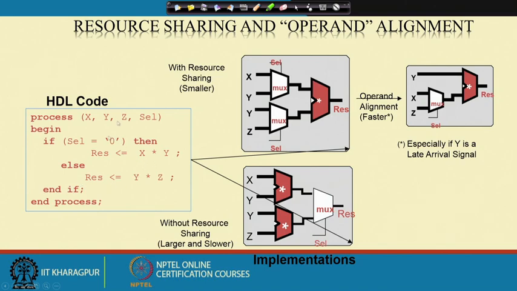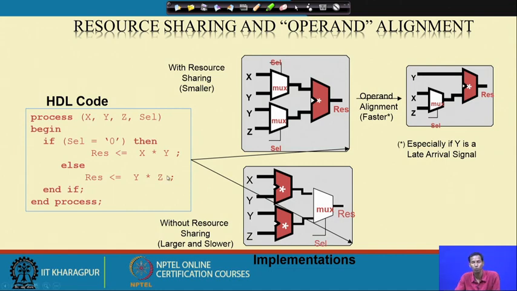The direct implementation of this code is something like this: x star y and y star z are both computed here, and then I need one mux whose select signal is this select. If it is 0, it will select x multiplied with y at the output, otherwise it will select y multiplied with z.